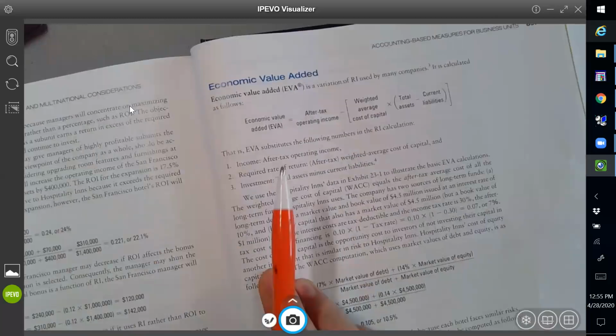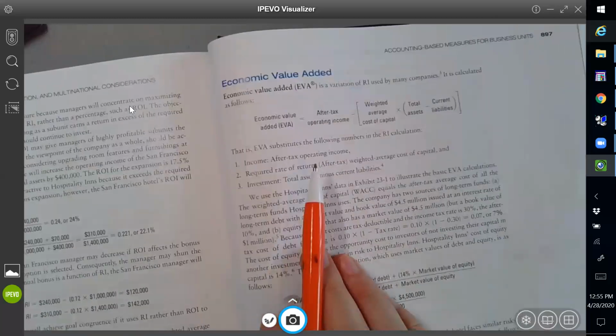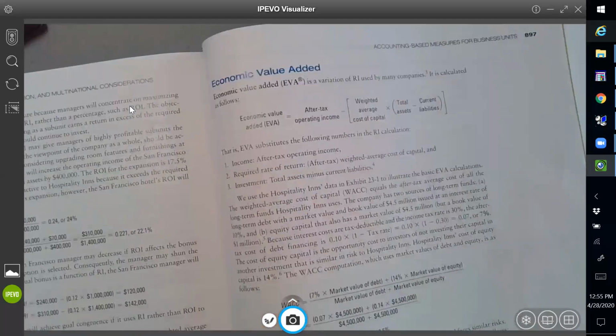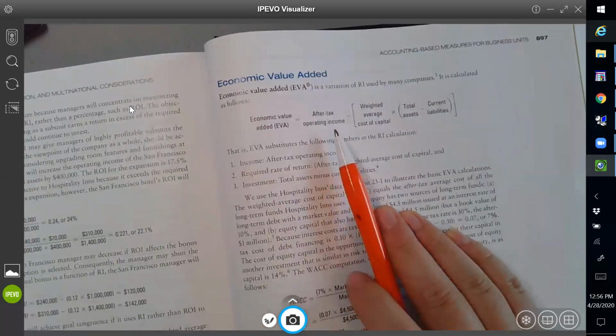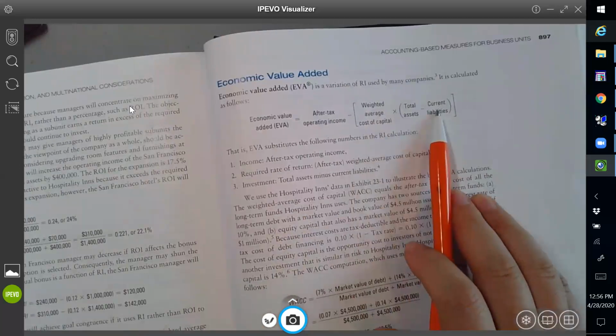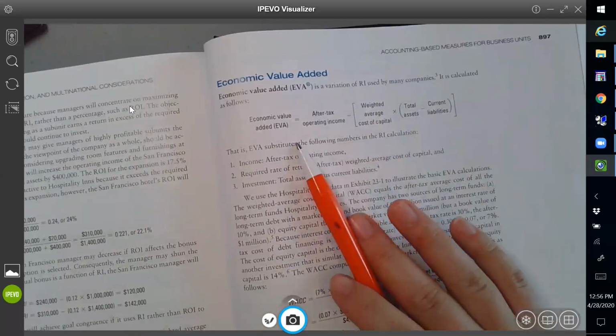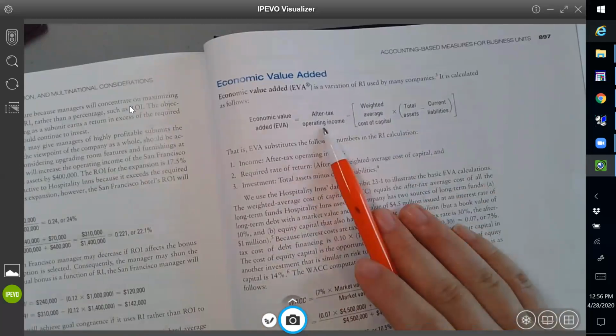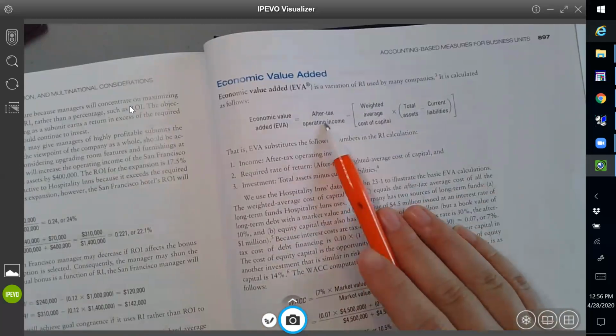The third measure is called the economic value added, EVA. I'm not sure whether you have heard this or not. It's just a fancier version of the residual income. Residual income, remember, is your operating income minus your RR times the investment. For EVA, instead of operating income, we use after tax operating income.